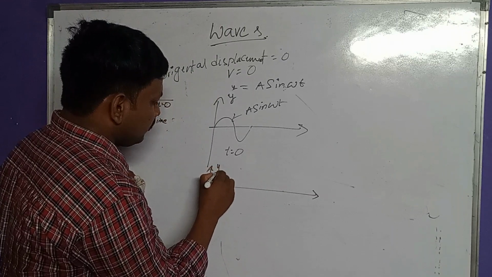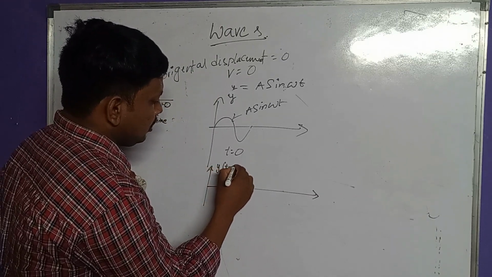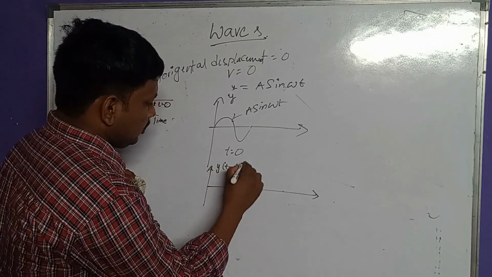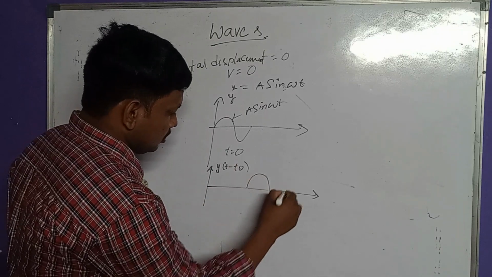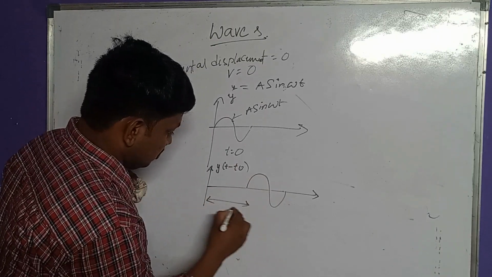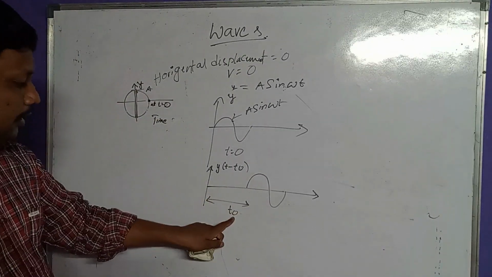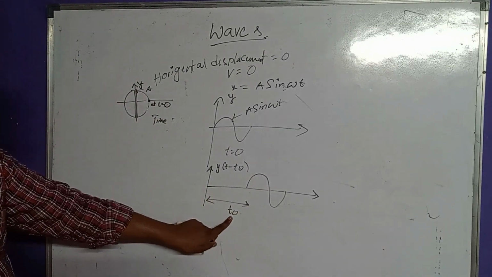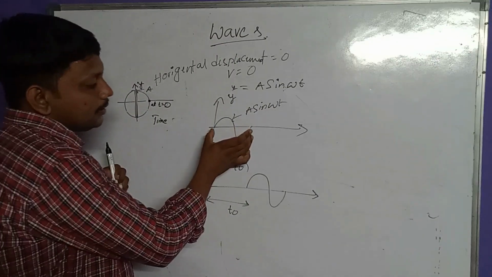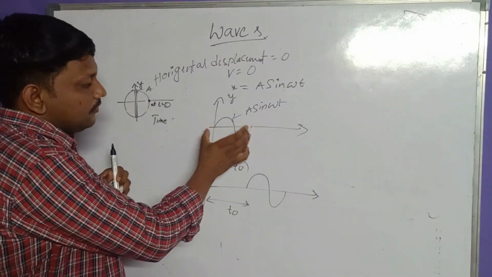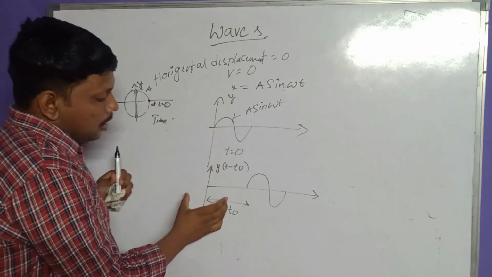This is y of t minus t naught. The wave is delayed by t naught seconds, right? And at t equal to 0, the waveform is here.